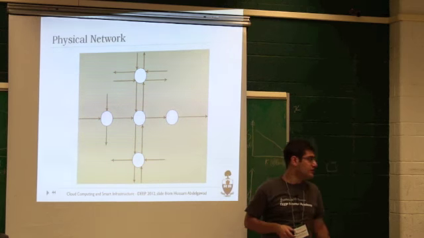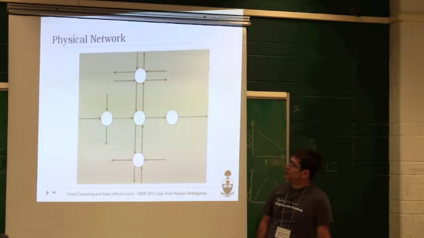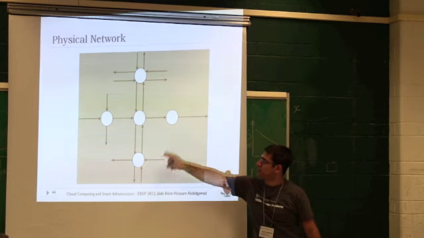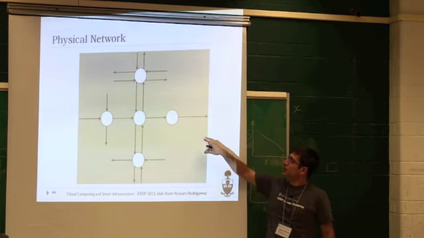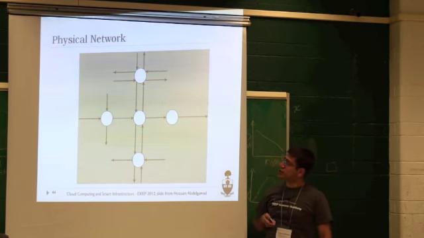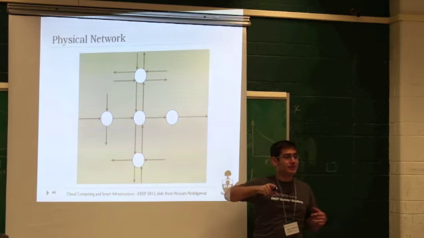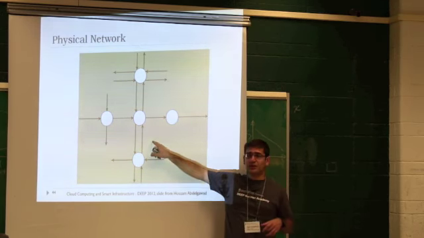Okay, so this is a physical network. This could represent a transportation network. So this would be an intersection between roads, and the lines would be the actual roads. And of course, you can have parameters of how many lanes each of these have, how much time it takes, what's the speed limit on each of them.